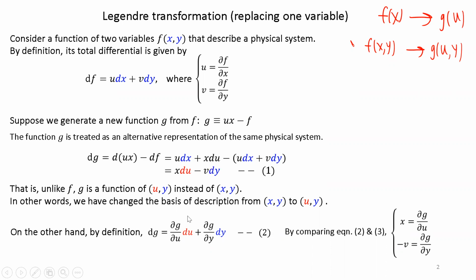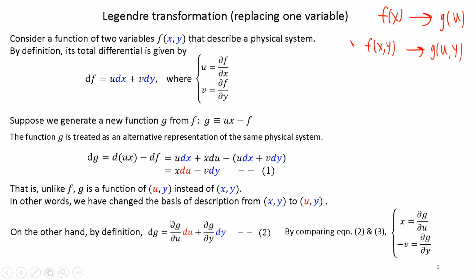Now again, if I look at d g itself, if I just tell you that g is a function of u and y and don't tell you anything else, then still you can tell me that d g must take this form. Now compare this equation with this equation over here.